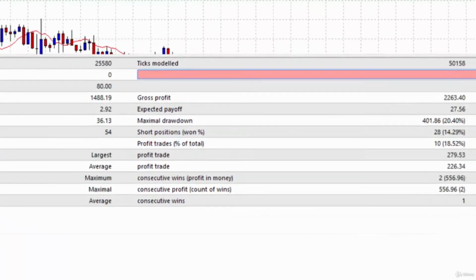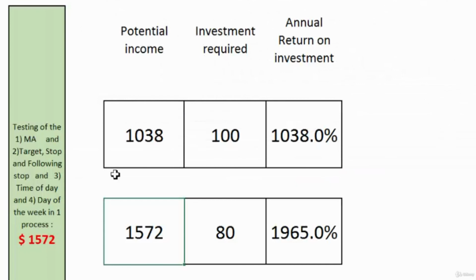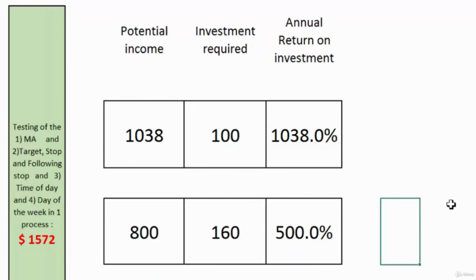Now, I would suggest that as we said earlier, this is looking at the cream of the crop type of results. I would firstly halve that amount, and I would say, right, I can still live with a 500% return on a year. I would then say, okay, how much can I afford to lose? Let's say I can afford to lose $1,600.